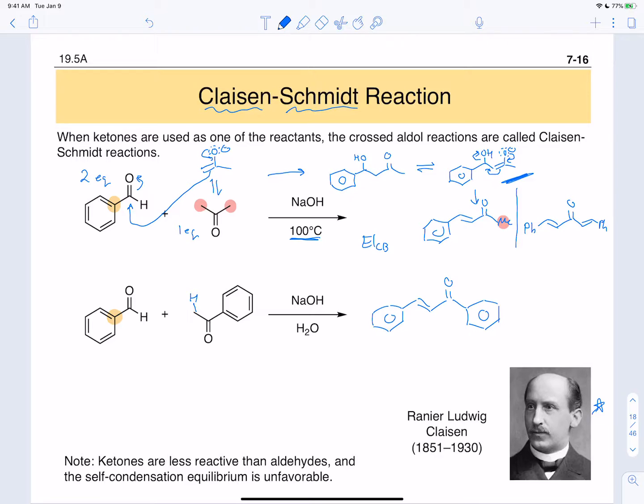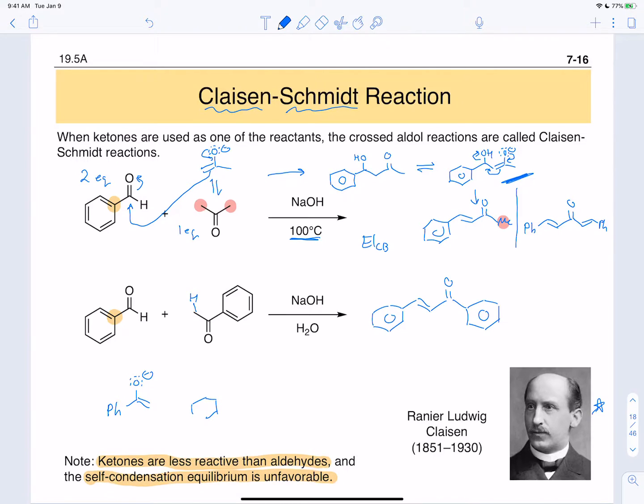And so one thing you may be wondering about, what about the self-condensation of a ketone with itself? So this is an important thing to note. Ketones are less reactive than aldehydes, and the self-condensation equilibrium is generally unfavorable. So the reaction of a ketone enolate with an aldehyde will be quite a bit faster than the same reaction with itself.